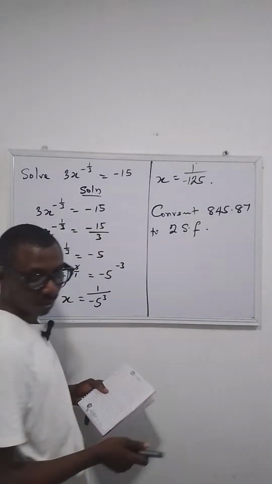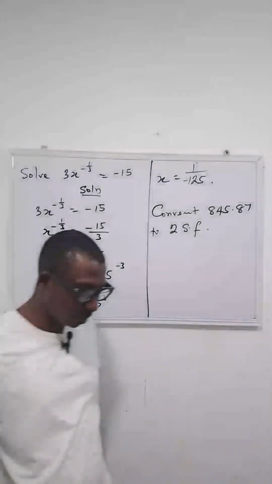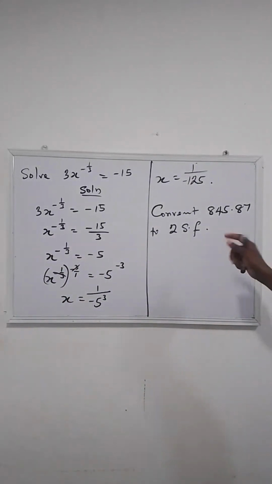Yes. Can we quickly do this? I want to see the first person that will drop the correct answer. Now you have to convert 845.87 to two significant figures. That's under approximation. Yes. All right.